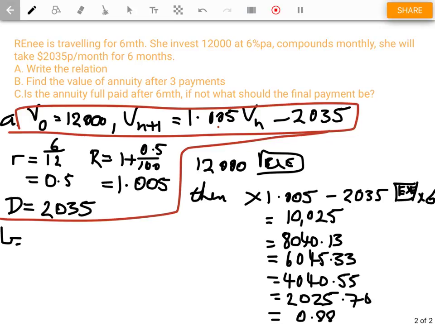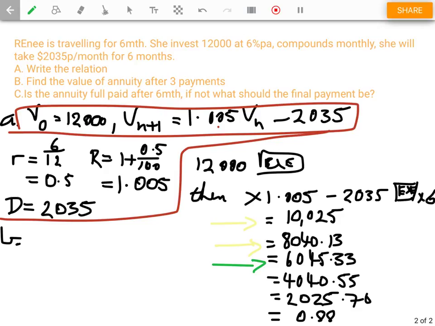So after 3 payments, the first payment, the second payment, and after 3 payments there is $6,045.33 left in the annuity. Then the 4th, 5th and 6th payments follow.